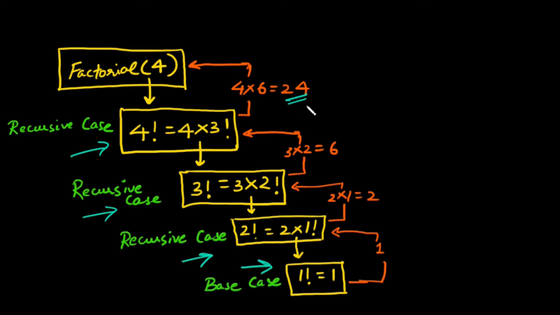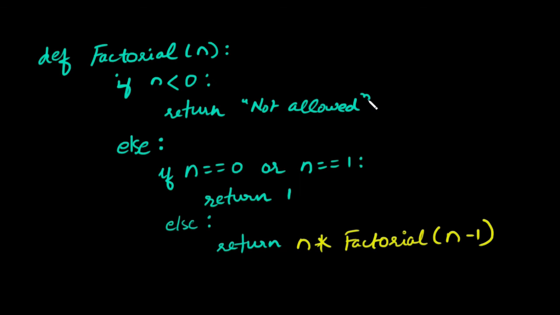Now the code will look something like this. We will define a function with the name factorial, which would take an integer as its argument. Note that this integer has to be 0 or greater. If the argument, which is n, is 0, then we will return 1, because factorial of 0 is 1.